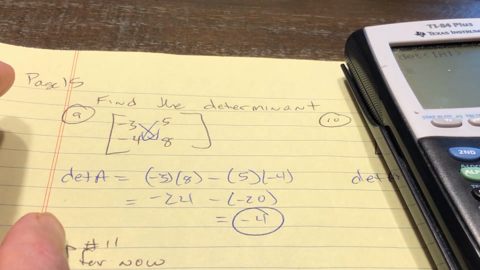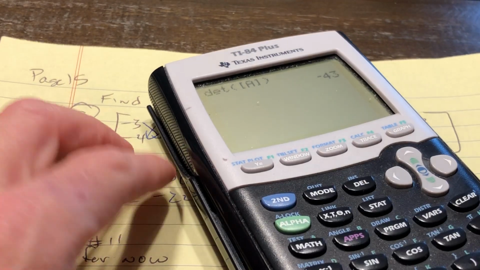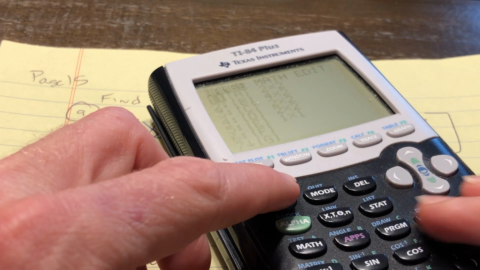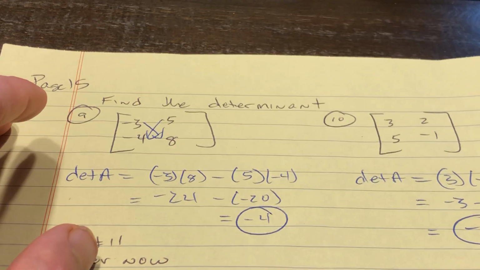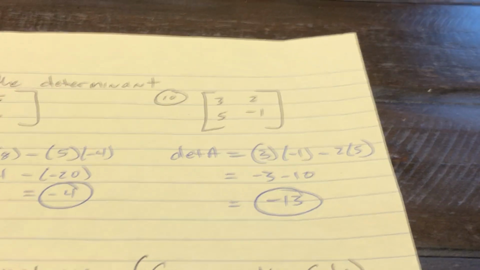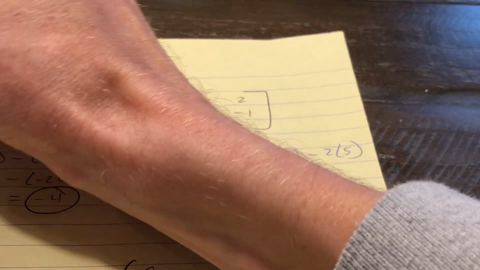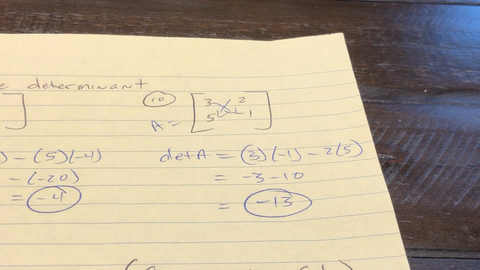Yeah, and I can hit second mode. Determinant of A was the last one, or I could hit second x to the negative first, go over to math determinant, second x to the negative first, A. Here I'm not going to close the parenthesis, doesn't matter. Negative 4. All right. Determinant of A, 3 times negative 1 minus 2 times 5.